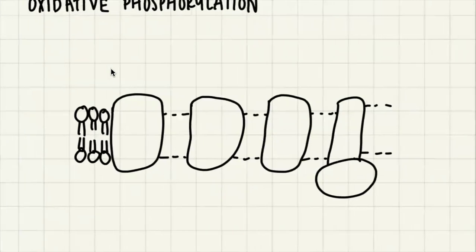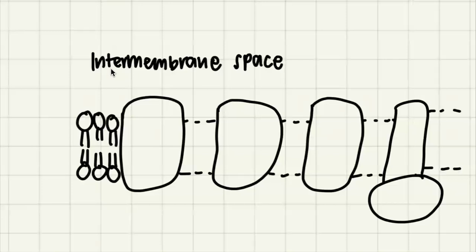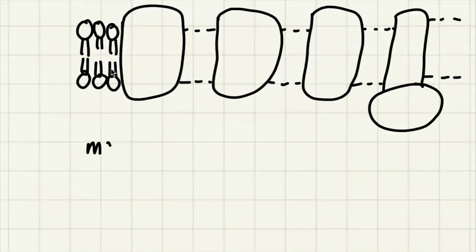Okay, so let's now label the locations. So this part is your intermembrane space. And this is your mitochondrial matrix.